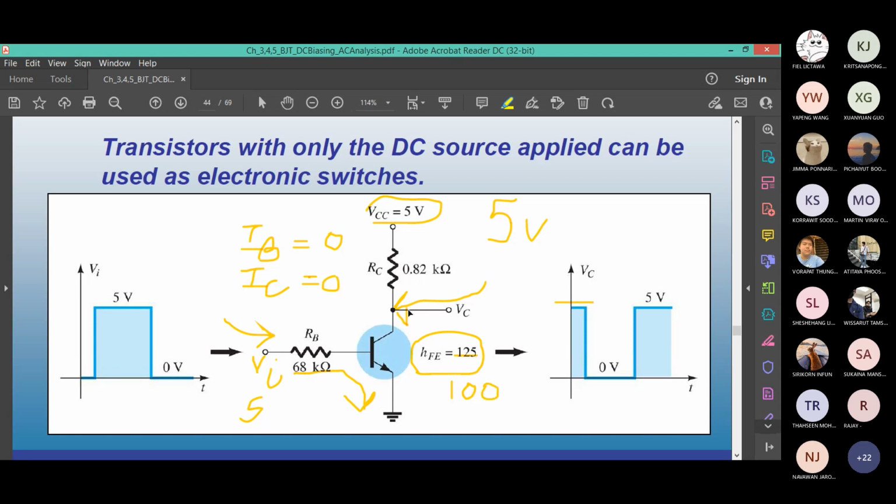What is VC now? VCC minus ICRC. If you take 5 minus 6.3 milliamp multiplied by 0.82K, you get a negative voltage or a low voltage, I think. So VCC has to be large or RC has to be small.